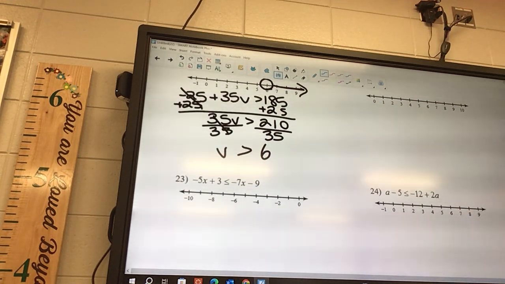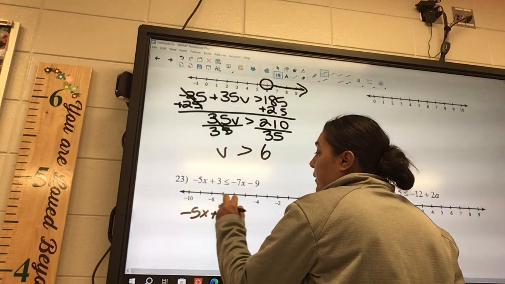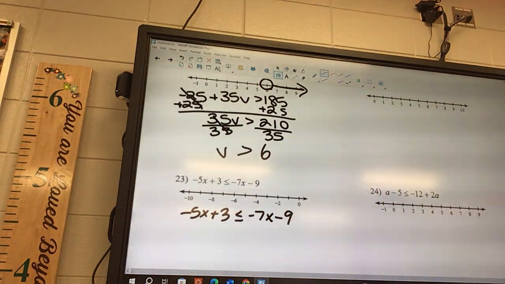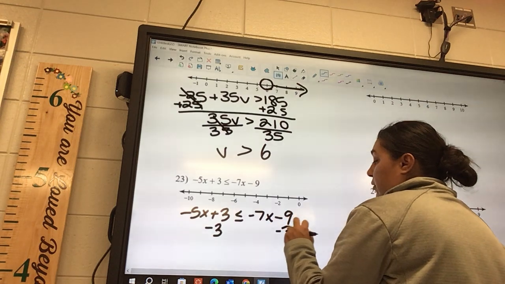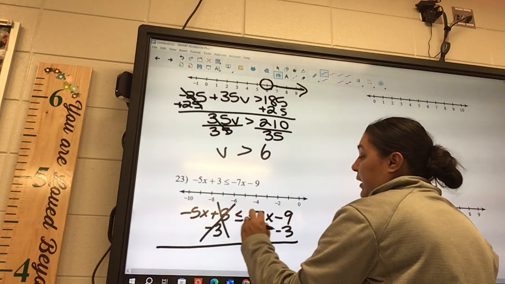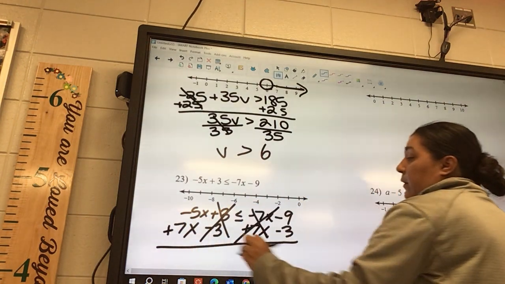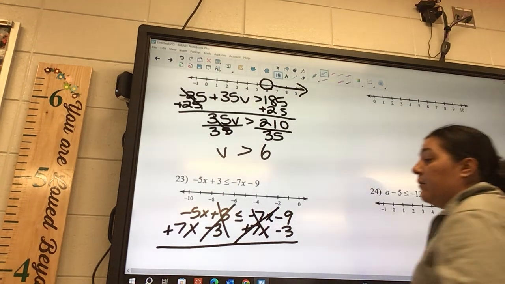Okay, 23, I'm gonna write it down here, but essentially you're gonna move your letters to the left and the numbers to the right. So, who's getting moved? The 3 I agree with, for sure. He's gonna go under the 9 and the -7, so we're gonna say plus 7x on both sides, plus 7x. Okay, -5 plus 7, it's gonna be 2x, good.